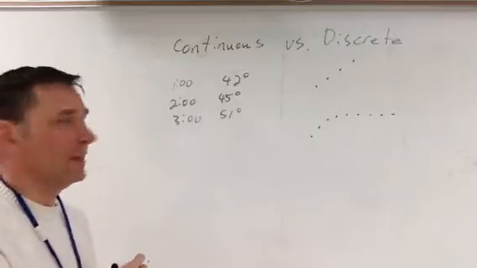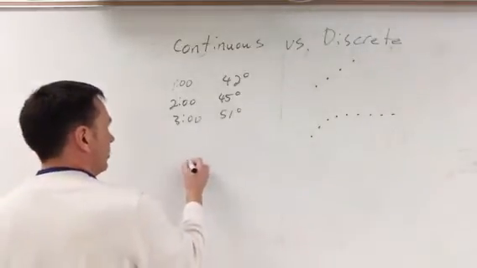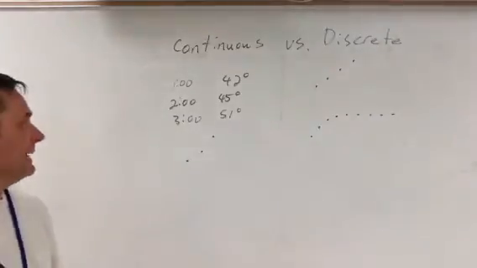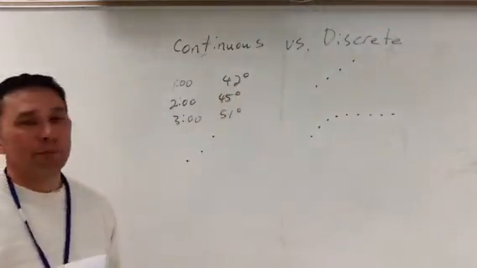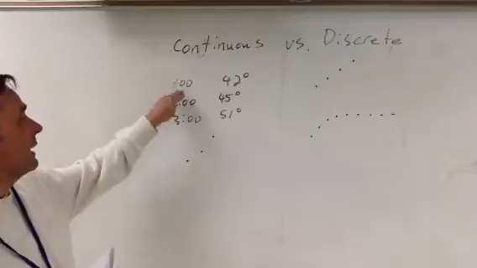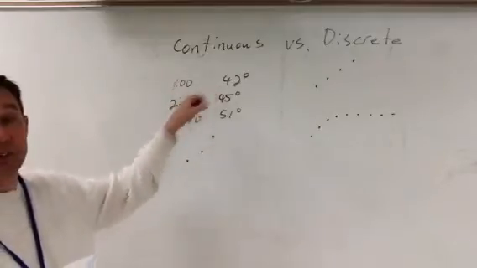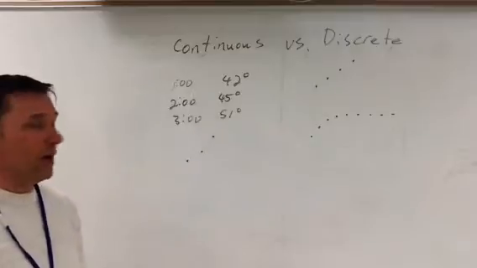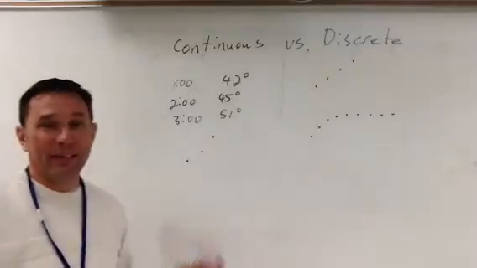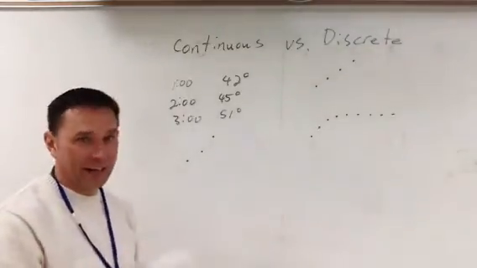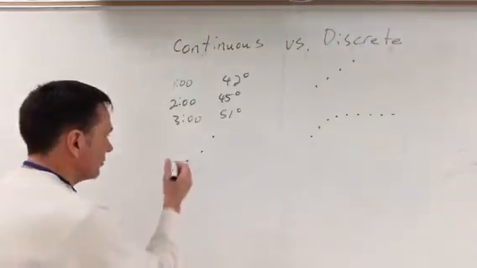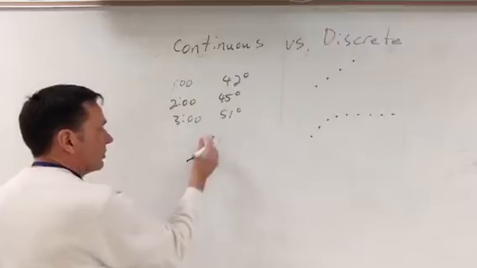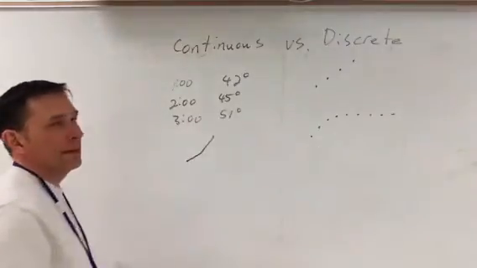And if we were to graph this, again, we go from 42 to 45 to 51. Is there change going on in between? Is there a time, like at 1:30, where it's going to be a different temperature? At 2:02, at 2 hours, 15 minutes, and 45 seconds? Yes, there's going to be all these different times that are connected. So the temperature change would be continuous.